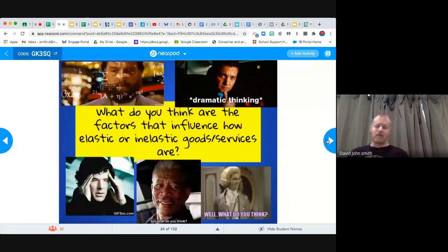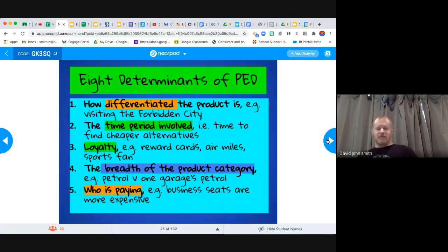Now, what do we think the influences, the factors, the determinants are going to be with regards to whether the good or service is going to be considered elastic or inelastic? Well, we've hinted at a lot of them already. The very first one is how differentiated or unique the particular product is. Something that is a one-off.